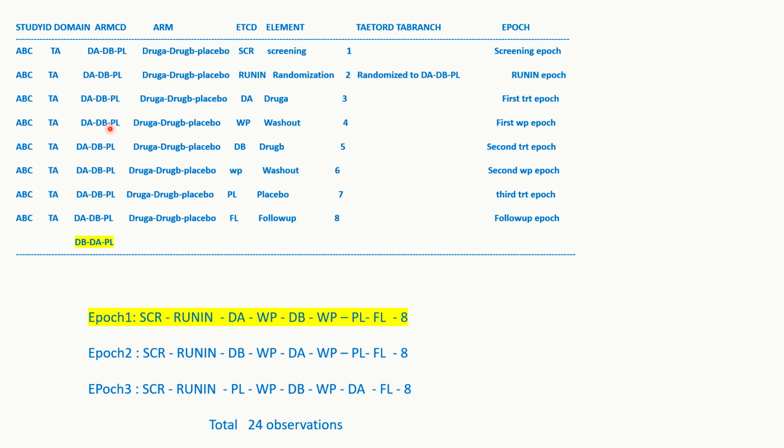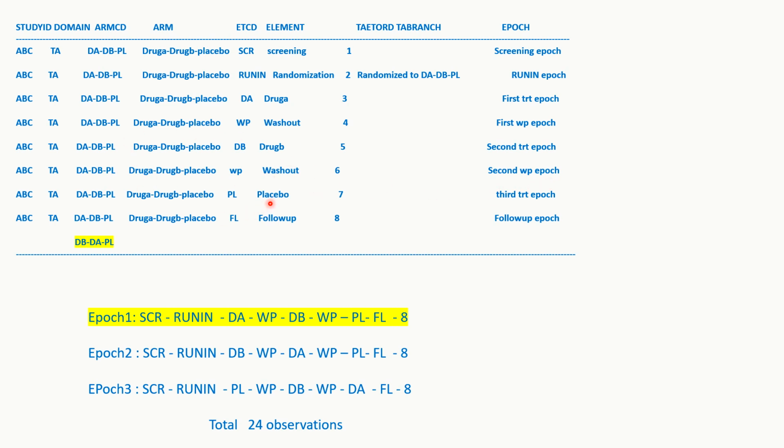In the same way, drug A, drug B, placebo for the washout period. That will be the first washout period epoch. Then next, drug A, drug B, placebo, then drug B. This is the second treatment epoch. Then after the second treatment, again a washout period, so that will be the second washout period.